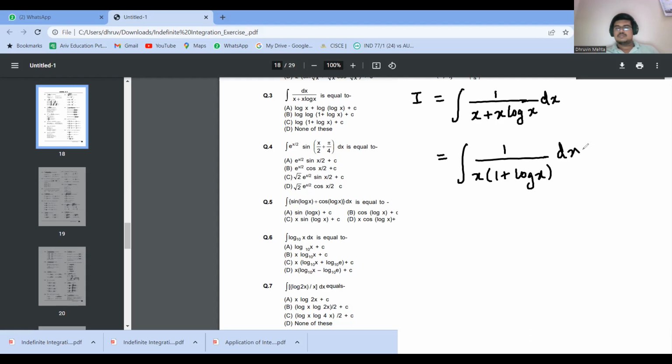Log x as t. Correct. Instead of log x, Arush, we will take 1 plus log x as t.